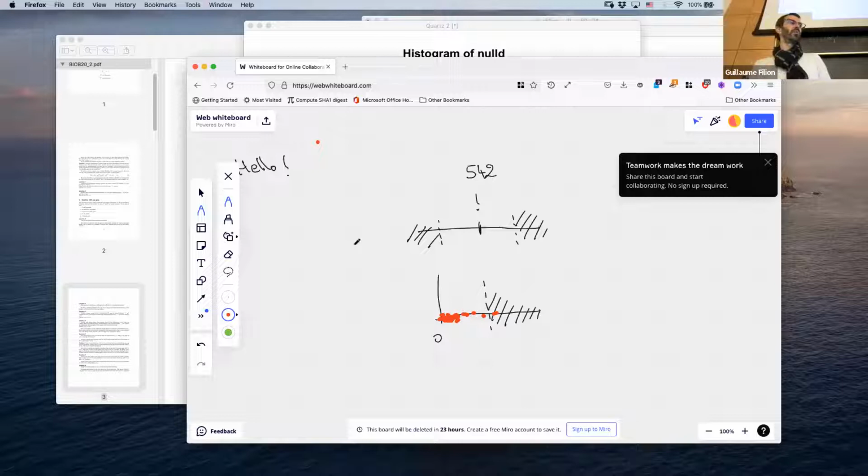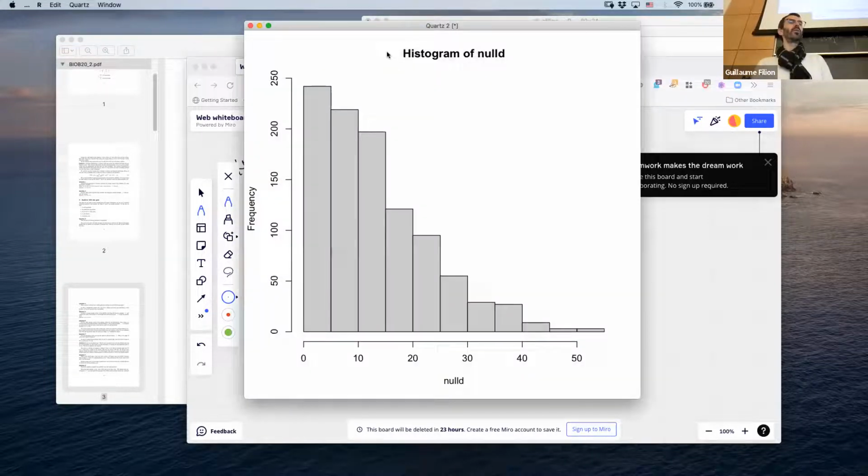If we did the histogram of these red dots, what we would find is that the histogram should look something like that. So pretty much what it looks like here on a real histogram. That's the same representation, like having these red dots that are accumulating close to 0 and that are less and less frequent when you go to the right. It's the same as representing them with a histogram. Same information.